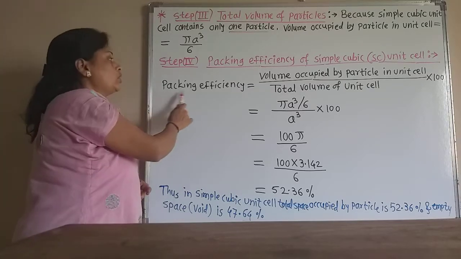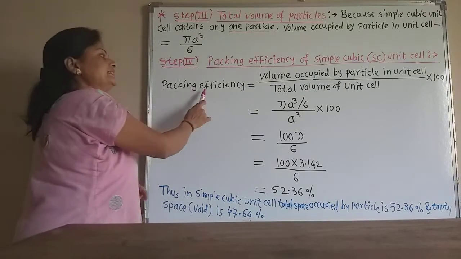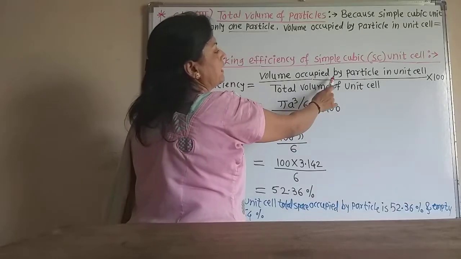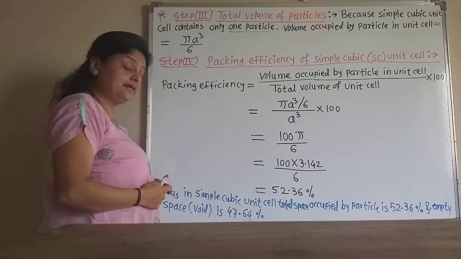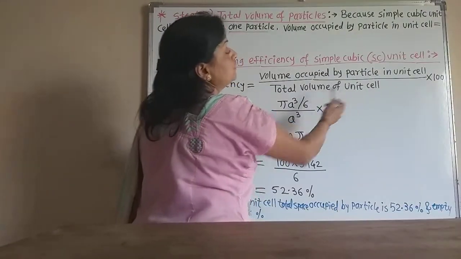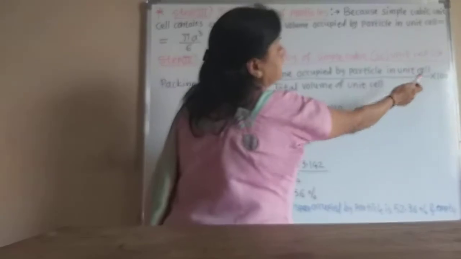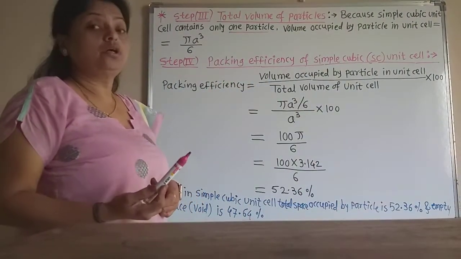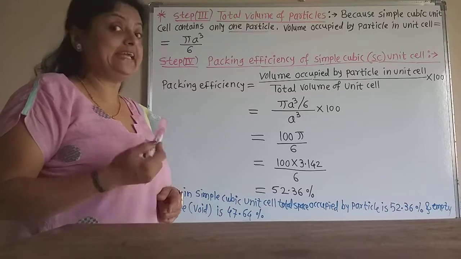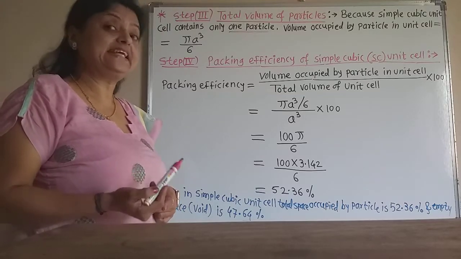Now let us calculate the packing efficiency of the simple cubic unit cell. We know the formula of the packing efficiency. Packing efficiency is equal to the volume occupied by the particle in the unit cell divided by the total volume of the unit cell, into 100. We know the total volume of the unit cell is a cube, as the edge length is a.